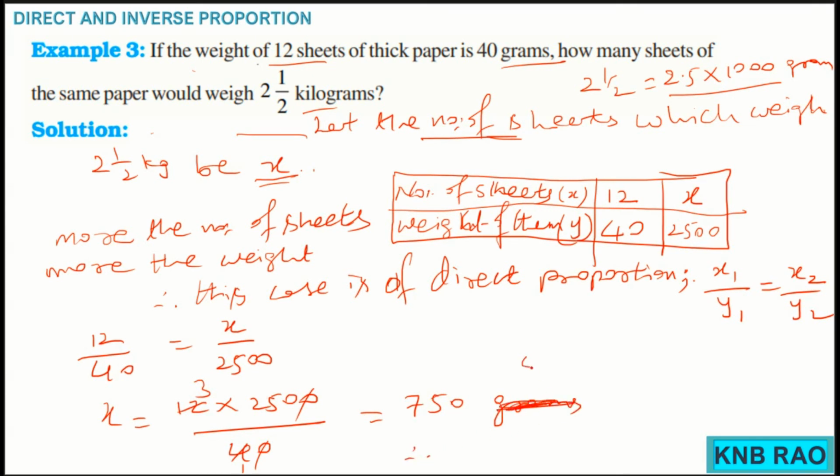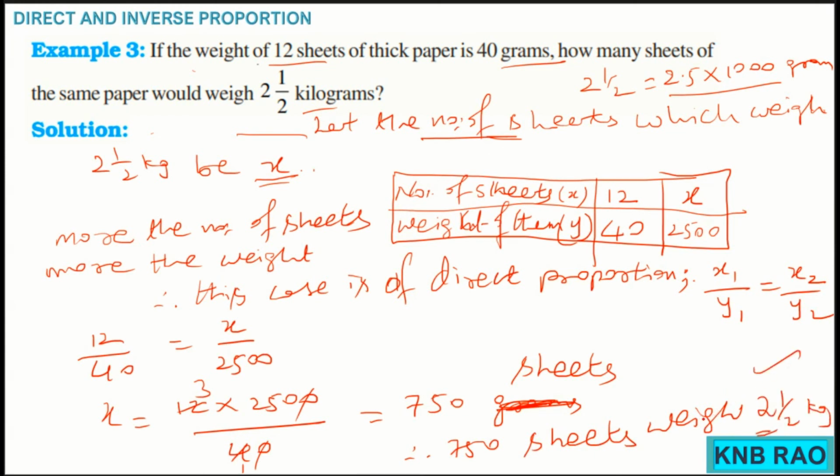So we conclude, therefore, 750 sheets weigh 2.5 kg. This is how we complete this solution.